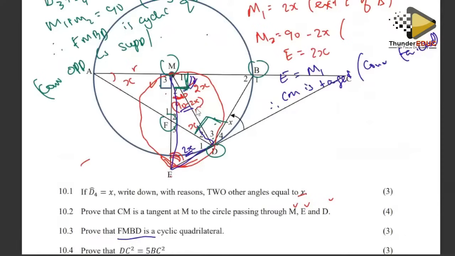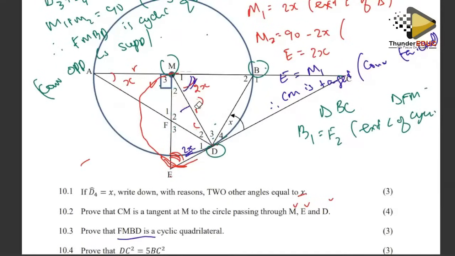Okay, so we're going to focus on triangle DBC and DFM. Okay, so DBC as well as DFM. So we say that B1 is the same as F2 because of exterior angle of a cyclic quadrilateral.